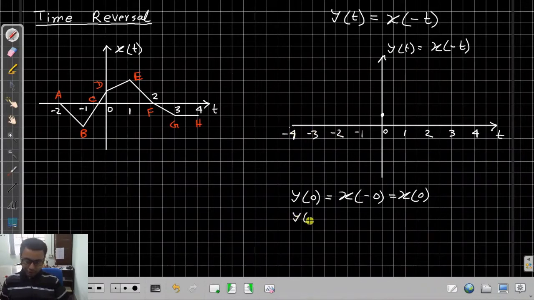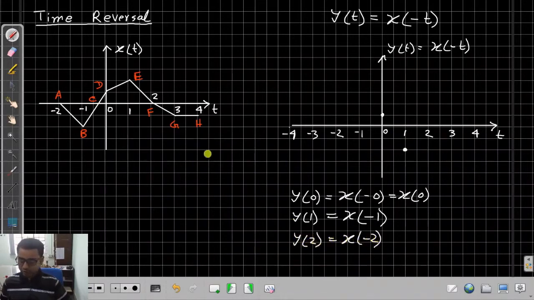Now y of 1 will be the same as x of minus 1, and x of minus 1 is equal to minus 2, so we put minus 2 here. y(2) is the same as x of minus 2, which is 0, so we put 0 here.